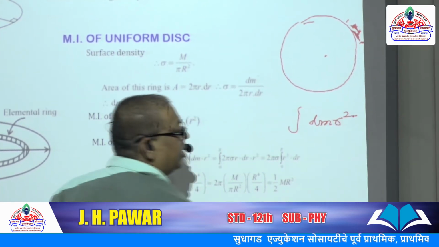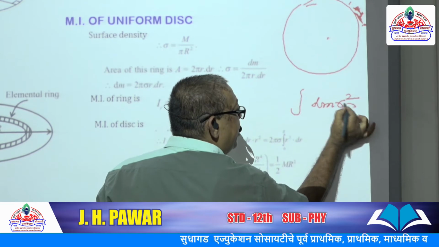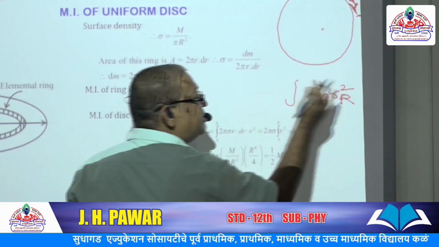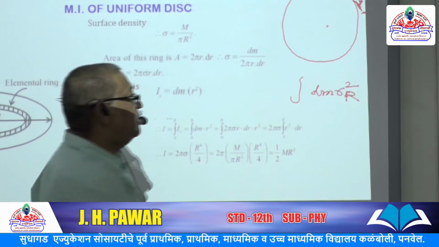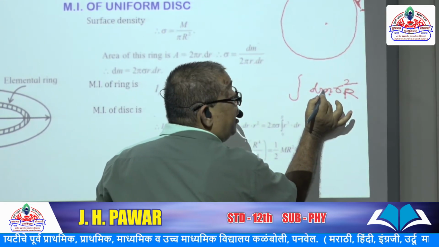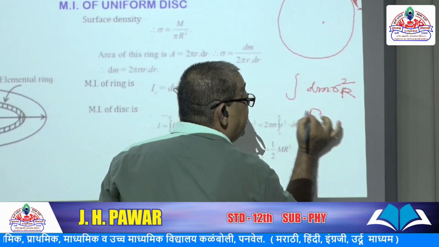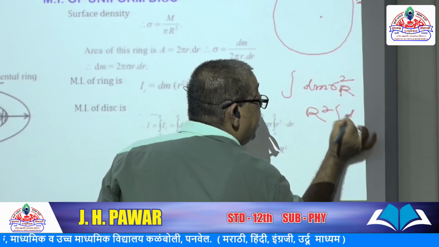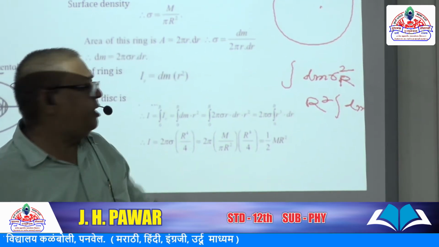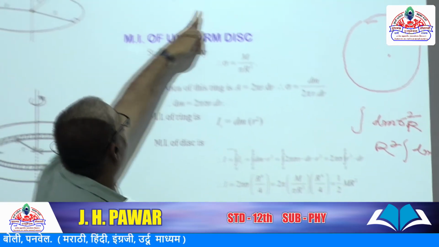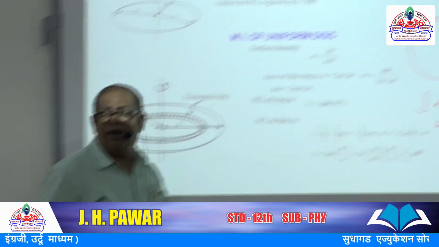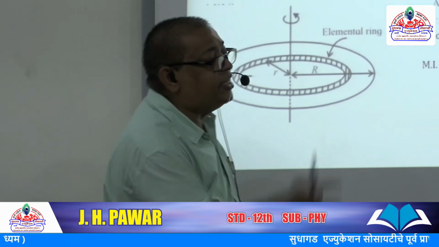But we know that r is capital here, and r is a constant. So take it outside the integration, and the integration of dm means the total mass of the ring. This total mass of the ring can be taken directly, so we get m r square. Directly in your book, such an expression should be there.